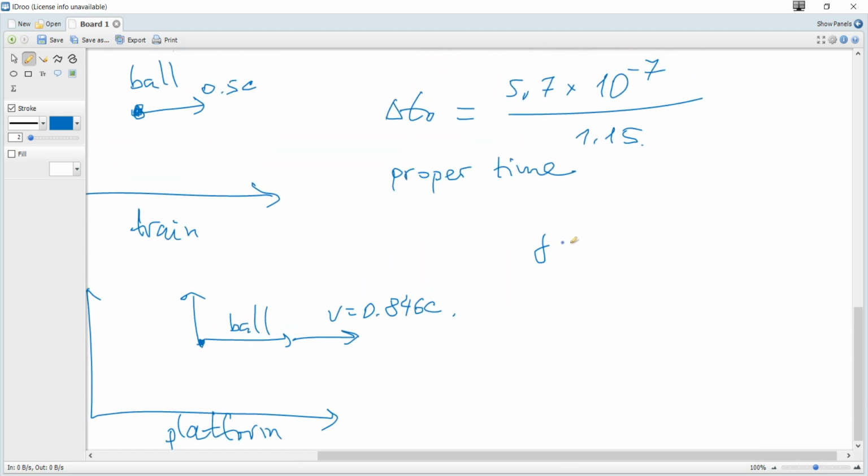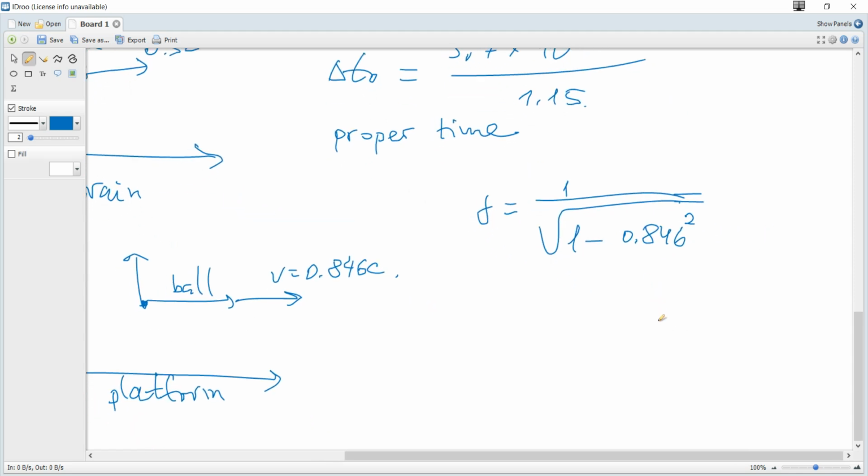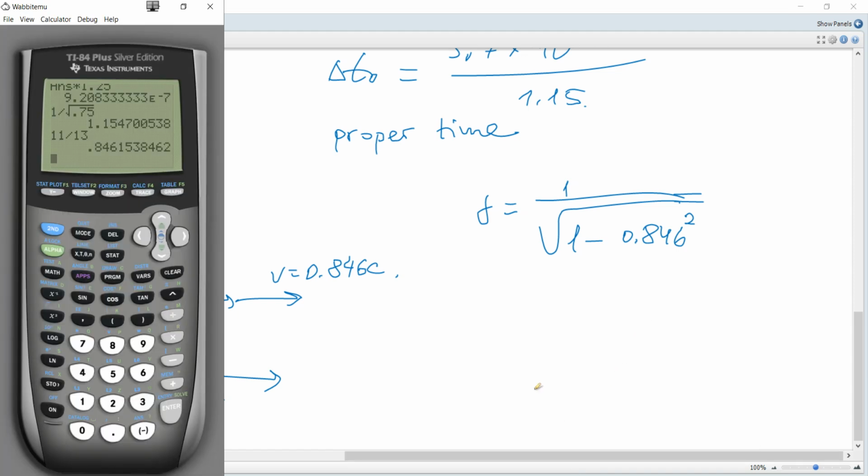and this gamma is 1 over the root of 1 minus 0.846 squared. We need to calculate it.